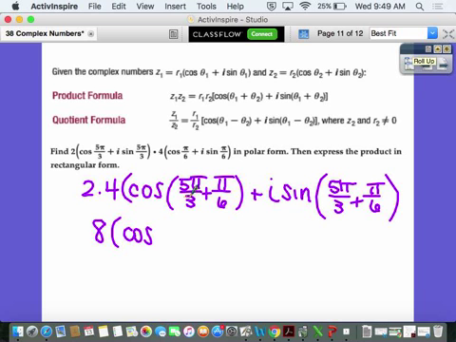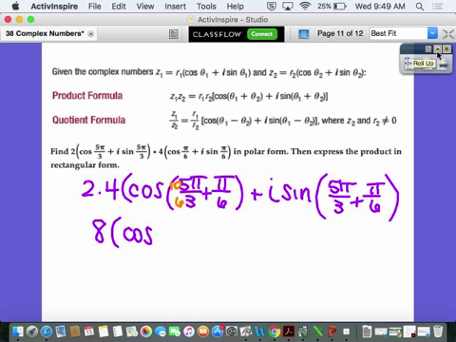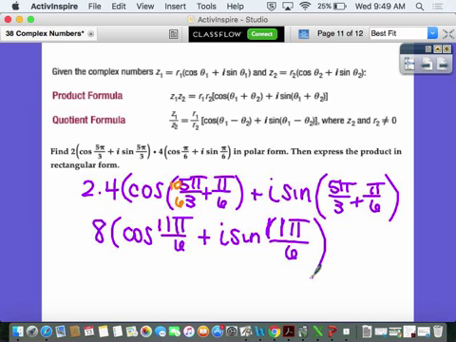So this would need to be 10 pi over 6. When you add them together, what do you get? 11 pi over 6. That is 330 degrees, and it's the same over here, 11 pi over 6. So there it is in polar form.